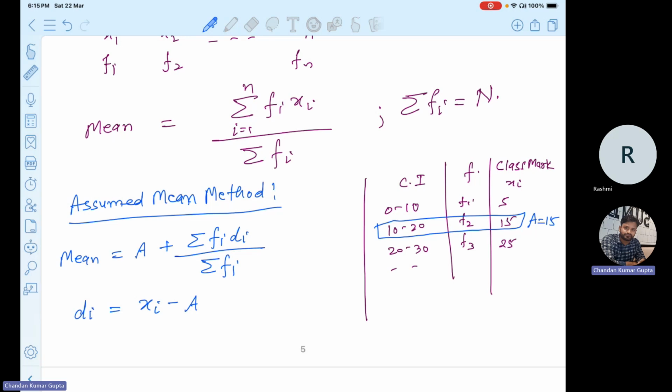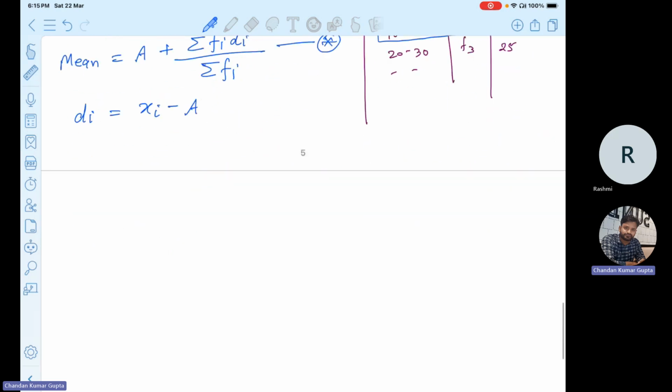So we just subtract a, the assumed mean value, from all the class mark values or xi's. At last, we use this formula, the star expression, to calculate the assumed mean method. This gives the same result as we get with the direct method.